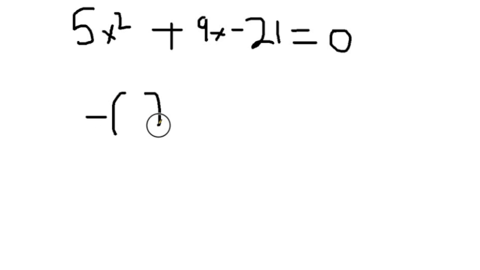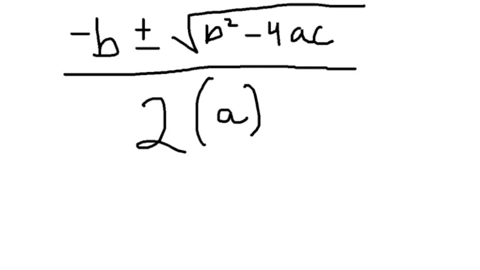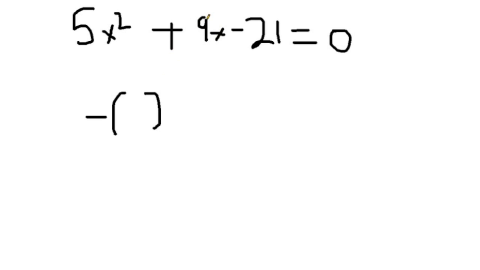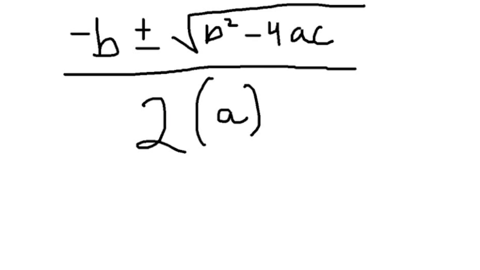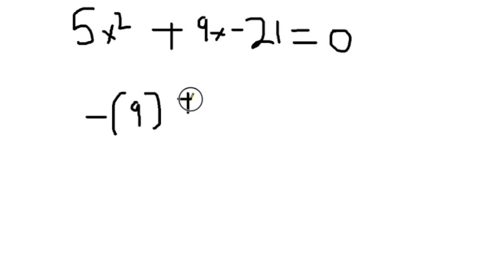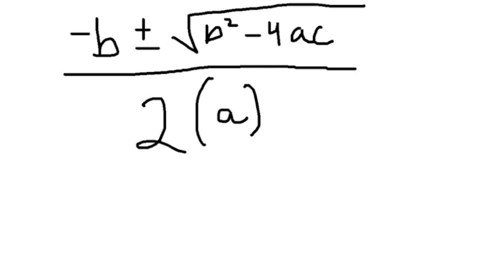Our first part, if we go back, is the b, so negative b. Our b value would be 9, so negative 9. Then I'm going to say plus or minus, and then we're going to put the square root, and underneath it we write b squared minus 4ac.